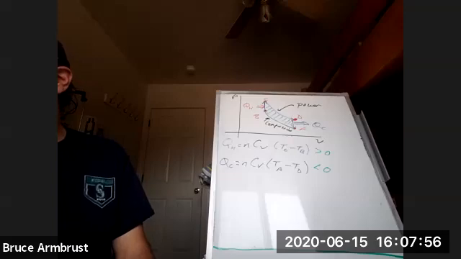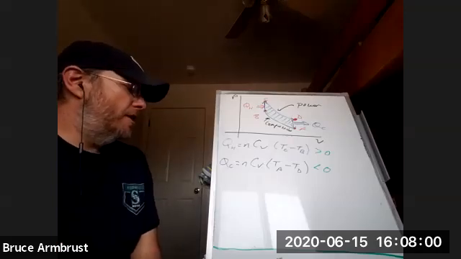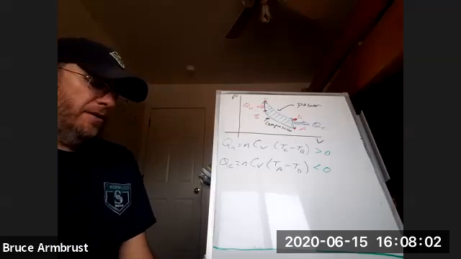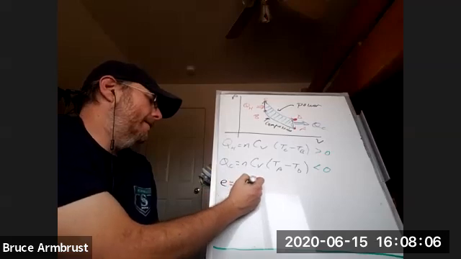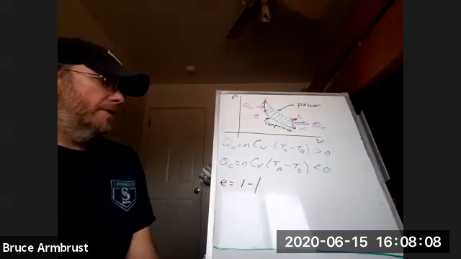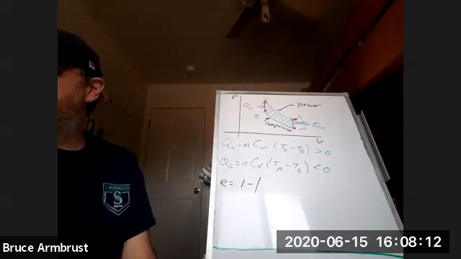All right, so let's look at efficiency. The efficiency is going to be 1 minus the absolute value of the QC over the QH.